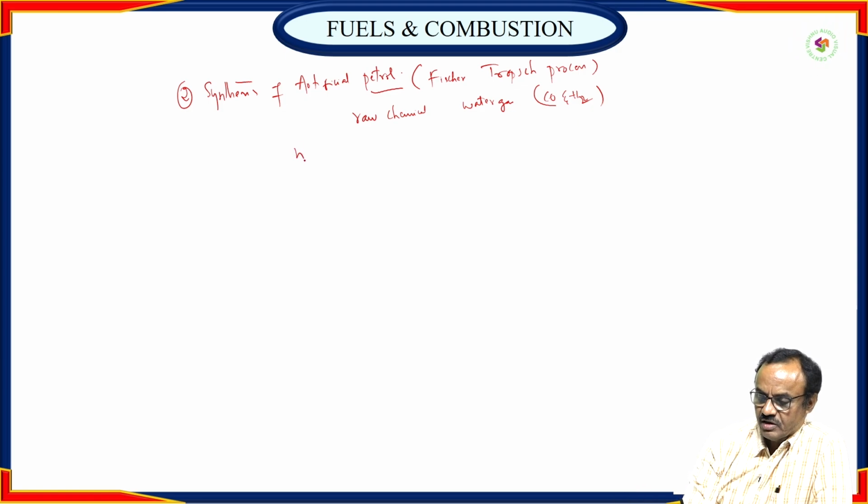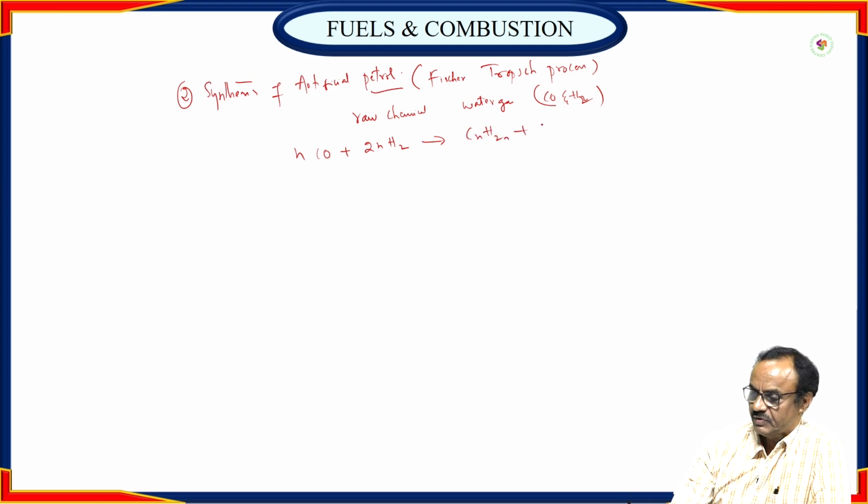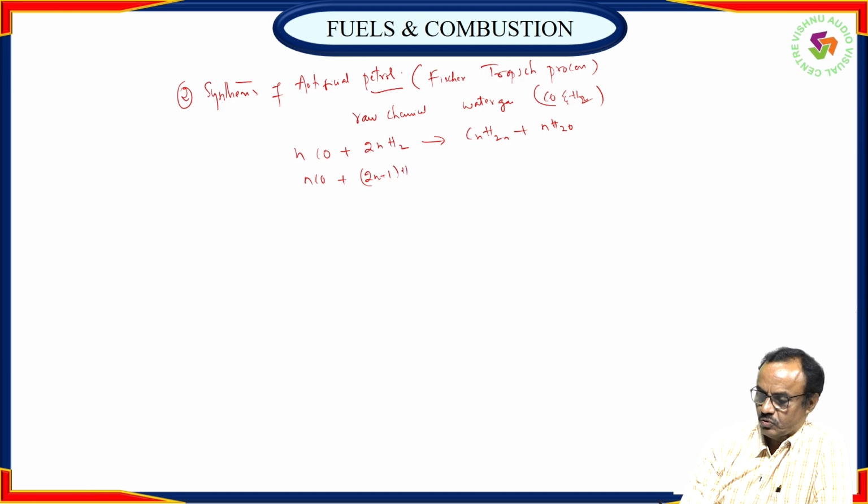So reaction, n number of CO plus 2n number of H2 gives rise to CnH2n alkenes plus n number of H2O. Second, n number of CO plus (2n+1) H2 gives rise to CnH2n+2 alkanes. We get alkanes.